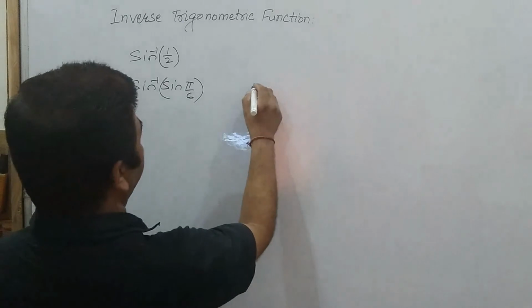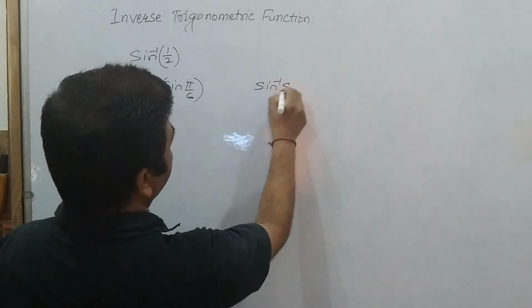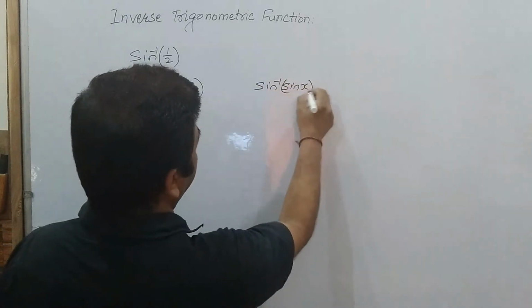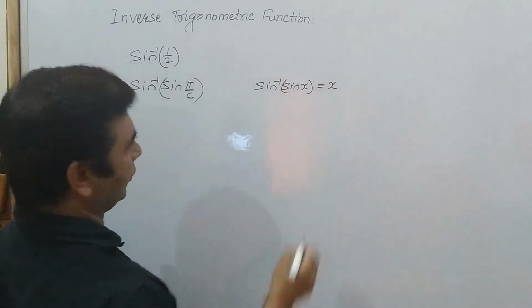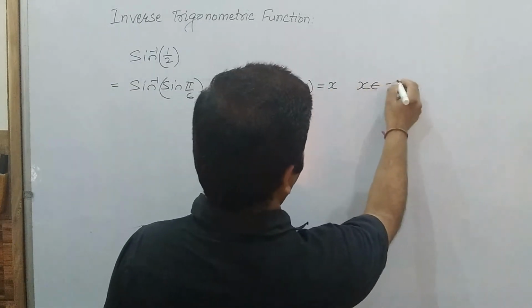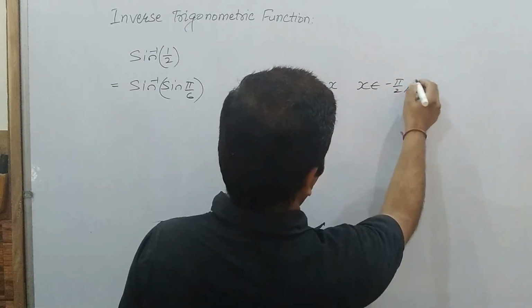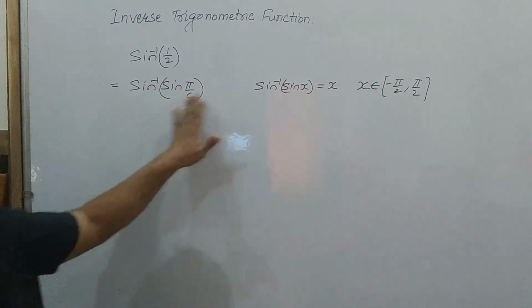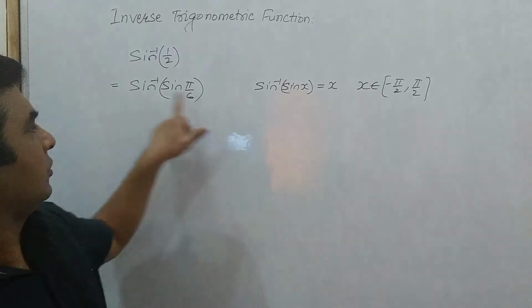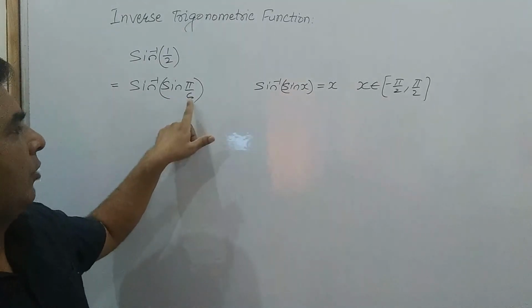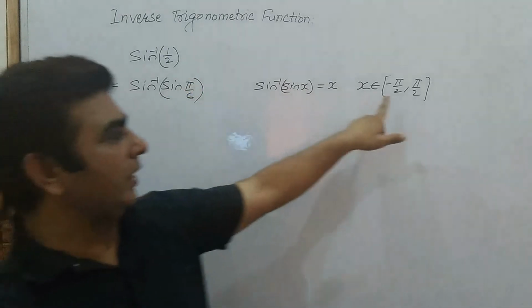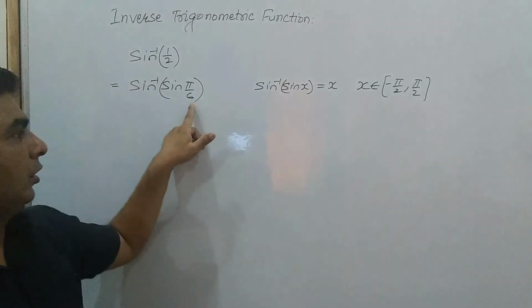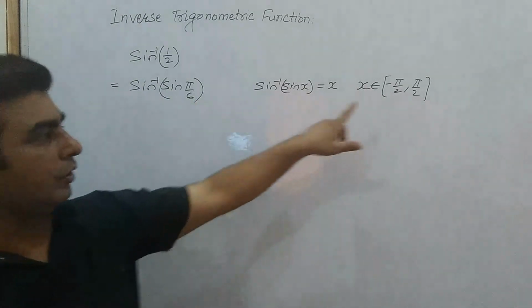Now I have told you that if sine inverse sine x is there, then it can be written as x, where x belongs to minus 90 to plus 90. So you can compare this one with this one. Sine inverse sine x is there, but the value of x should belong to minus 90 to plus 90, and this very much belongs to the given interval.